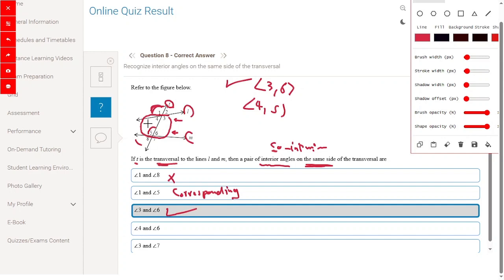Angle 4 and angle 6, this is alternate interior angle. Angle 3 and angle 7, this is also a corresponding angle.